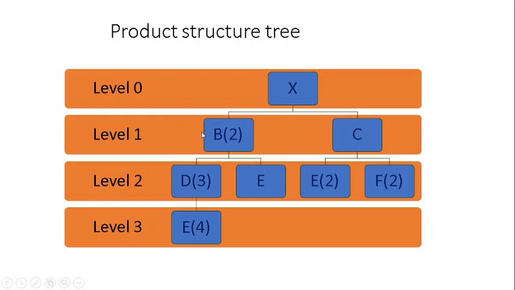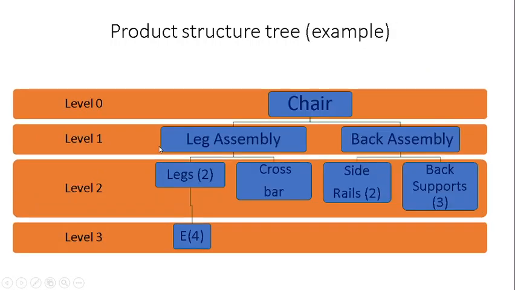Each level denotes the parts that are required and the number of the parts that are required. For example, if we were supposed to assemble a chair, we can split it into several levels. Here we can see that we need to assemble the legs and the back. The legs require 2 legs and 1 crossbar, while the back requires 2 side rails and 3 back supports.